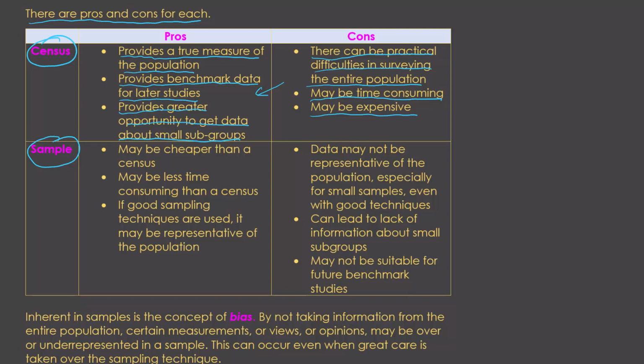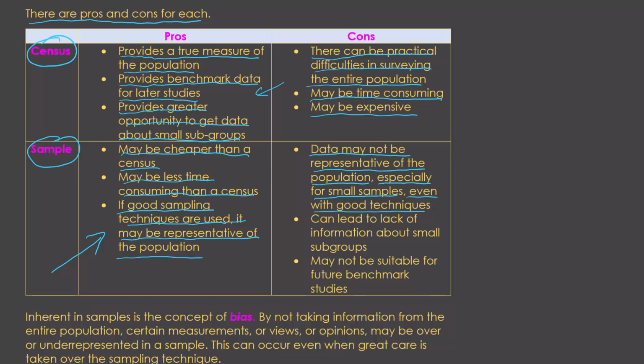So for a sample, it may be cheaper than a census. It may be less time consuming than a census. And if good sampling techniques are used, it may be representative of the population. But there is always still a question about that. Data may not be representative of the population, especially for small samples, even when you use good techniques.